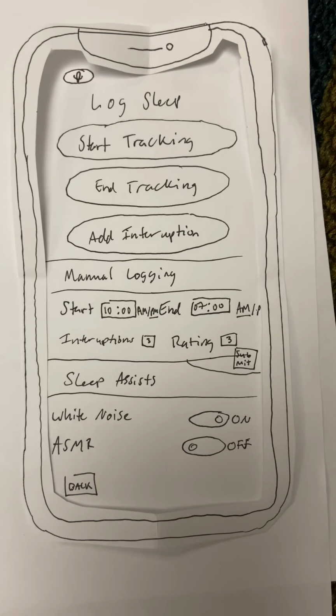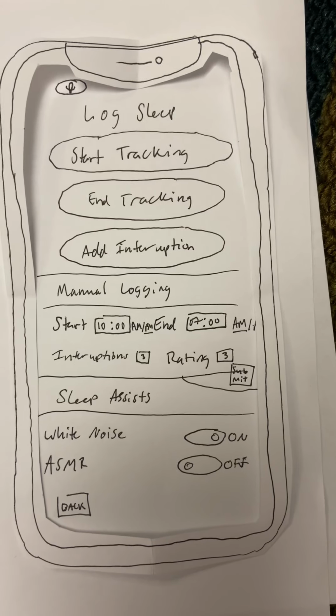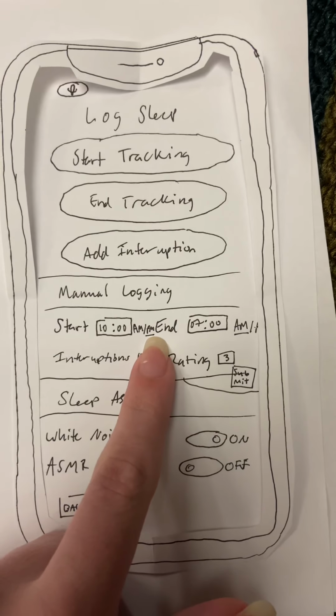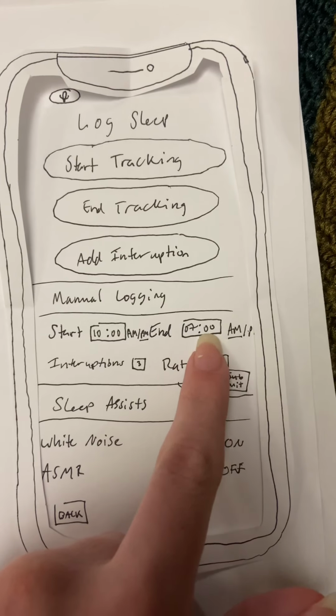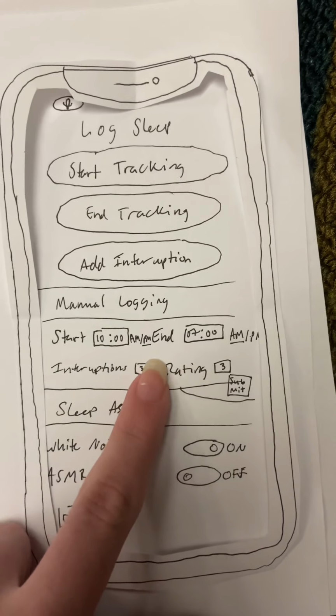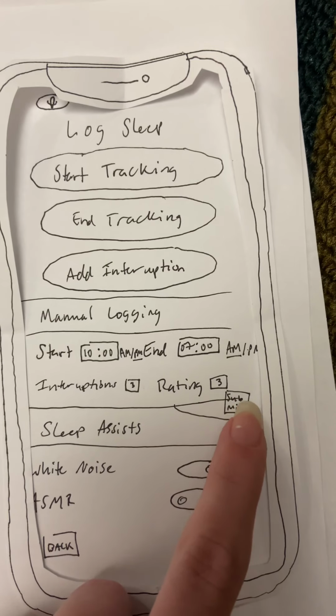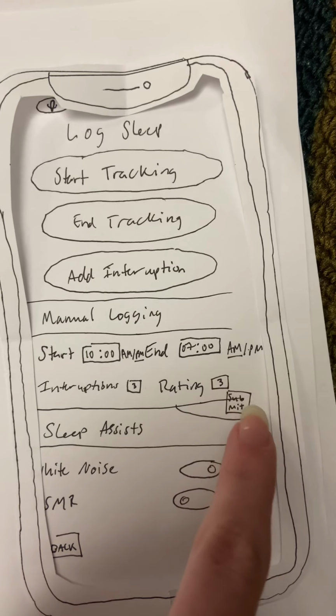And so then we have manual logging, like let's say you wanted to input that you started going to sleep at 10 and then selected PM and woke up 7 a.m. And so then you can input number of interruptions. They said 3 and the rating was 3, and then this is a little last minute submit button.